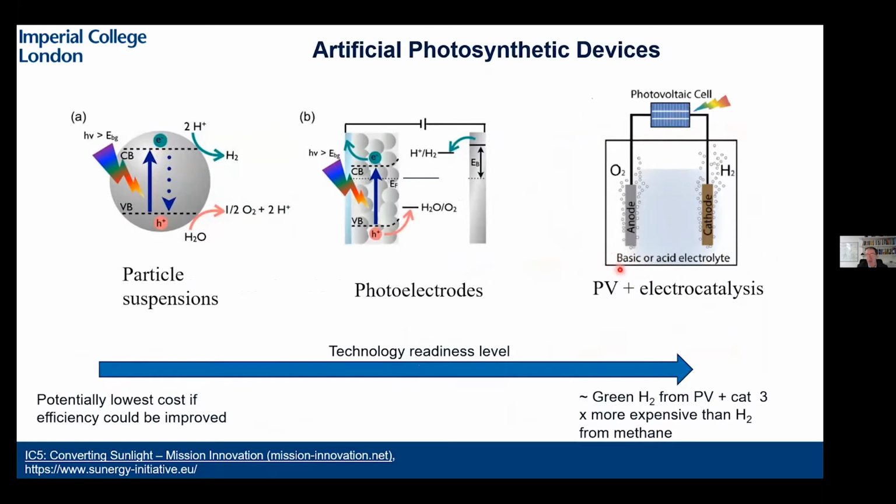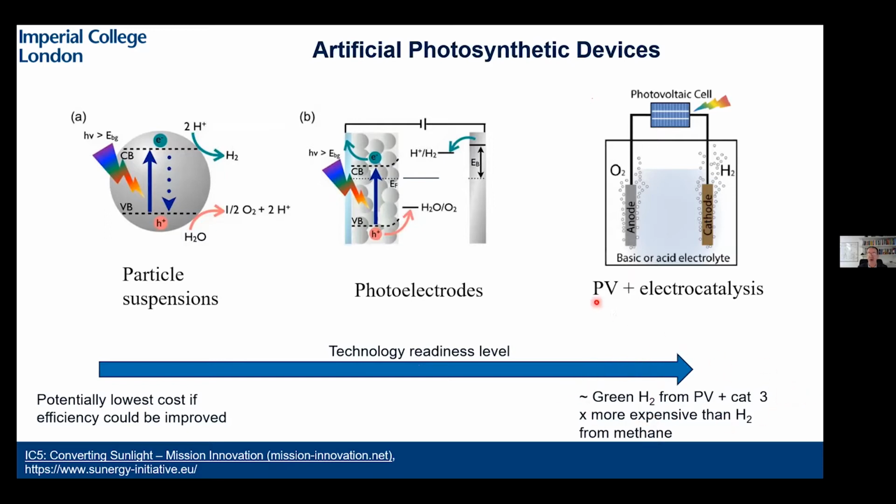And already that starts to become of interest. But currently, in most contexts, the hydrogen synthesized by that route is more expensive than the hydrogen synthesized from methane. Of course, the hydrogen from methane results in CO2 emission unless you store that CO2. And so that's of course the major concern. But we need to find ways to bring down the costs.